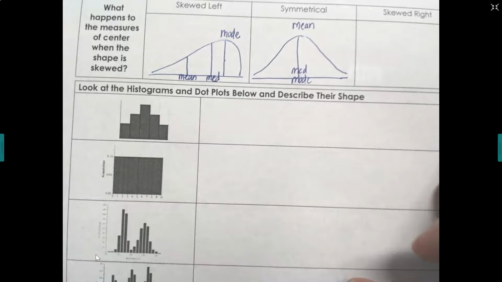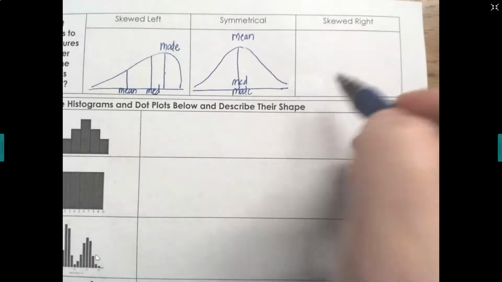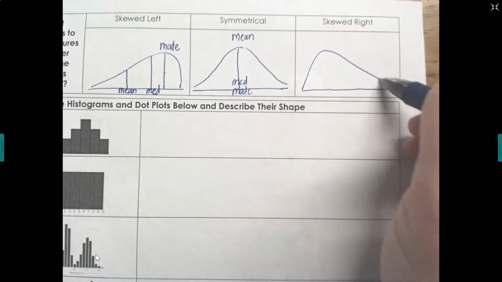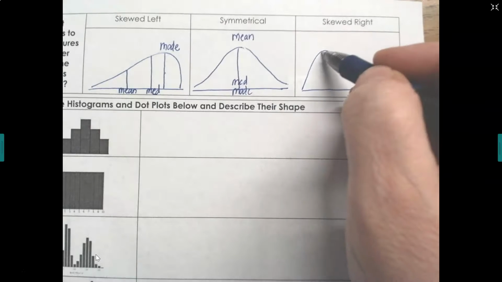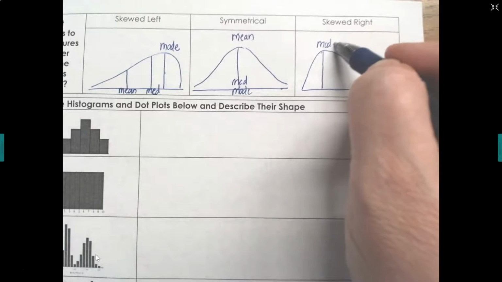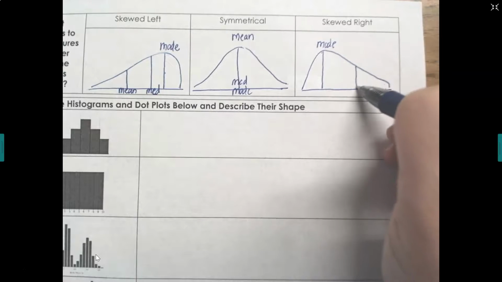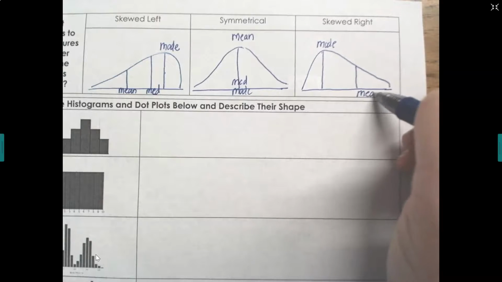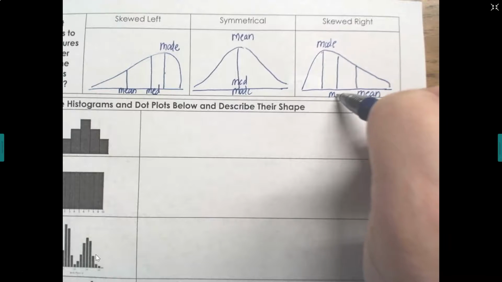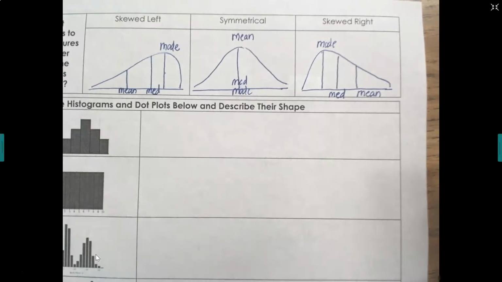The same thing's going to happen over here on our skewed right. We'll have a right skew. Our mode is the peak. That's the whole point of the mode. It's the most occurring number. The mean gets pulled much further, but the median's always in the middle because it doesn't get pulled as far as the mean does.